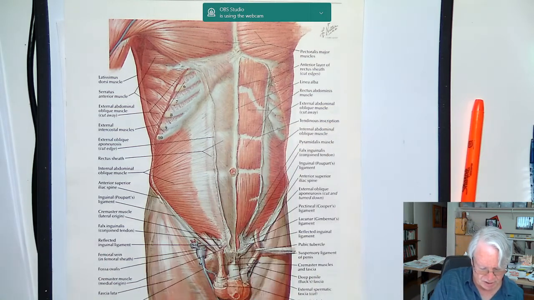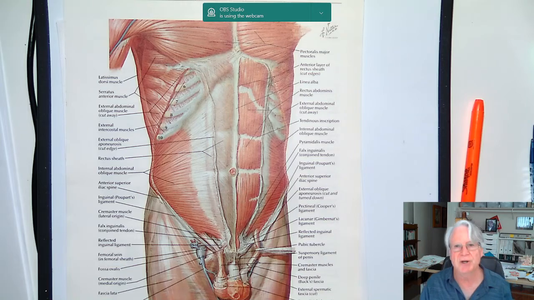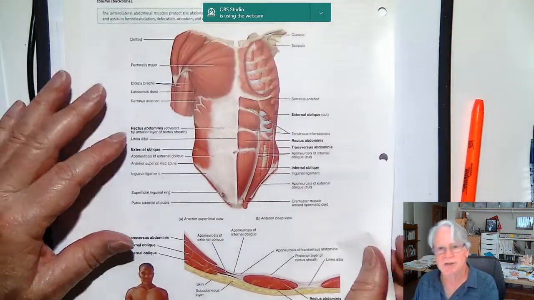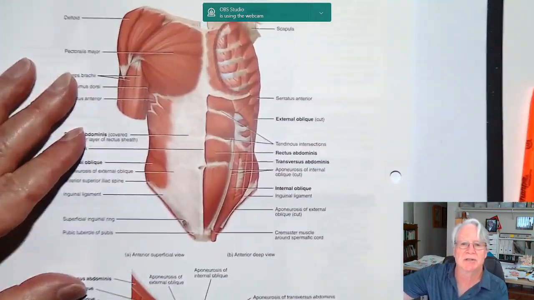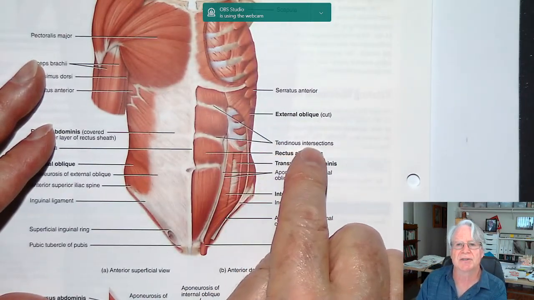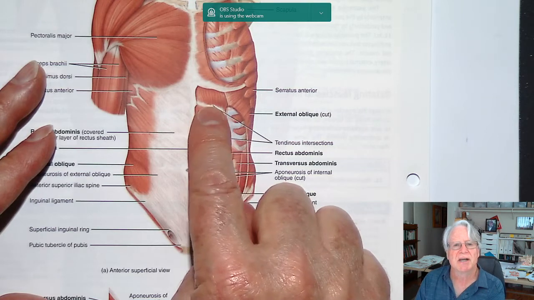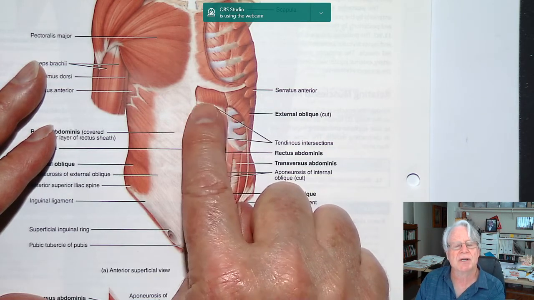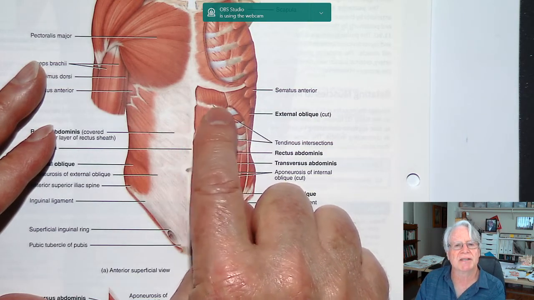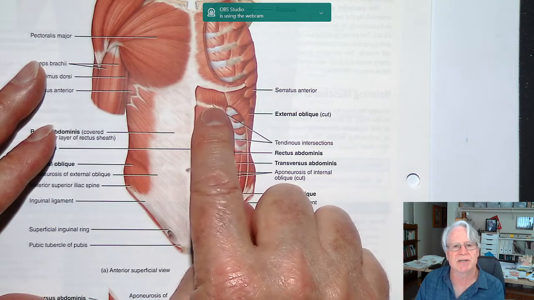Your textbook has a different term; it's using tendinous intersections. Doesn't matter what you call them. What it is, this is connective tissue, and it is like a rubber band around a ponytail.